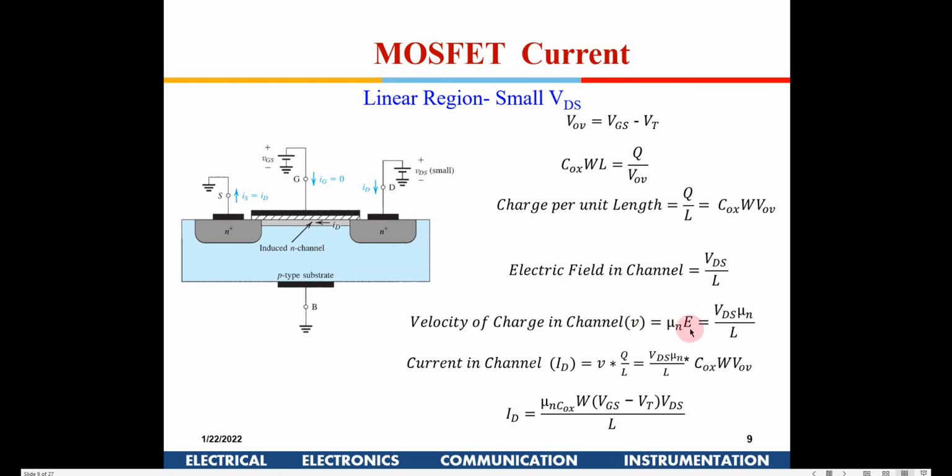You multiply it with the electric field to get the velocity. Now E can be replaced by VDS by L, so this is the velocity of the electrons in the channel.